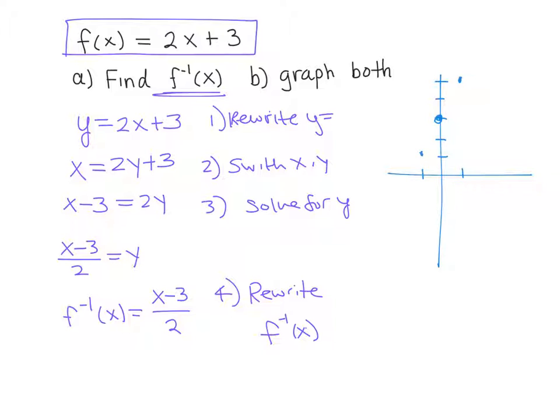And the zero is going to be where 2x plus 3 is equal to 0, right? So then x must be negative 3 over 2. So at x equals negative 1 and a half, that's where my 0 is going to be. So that is the graph of f of x.